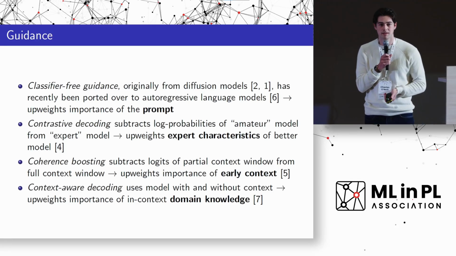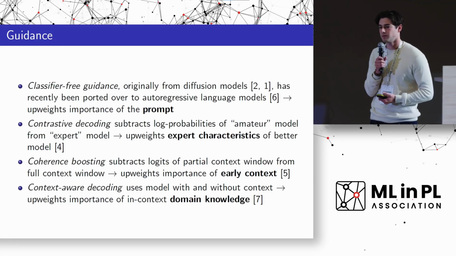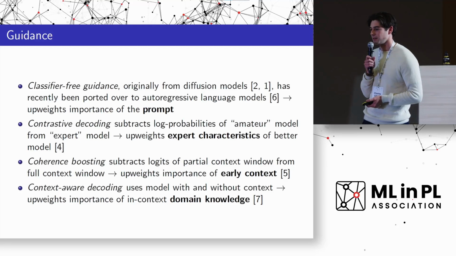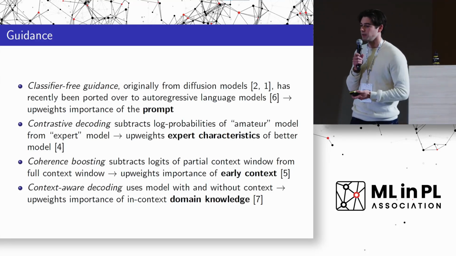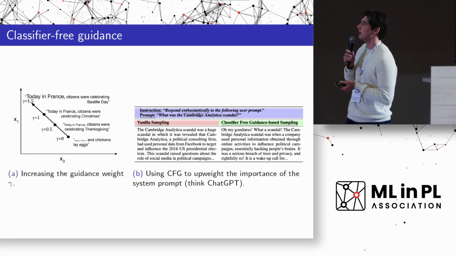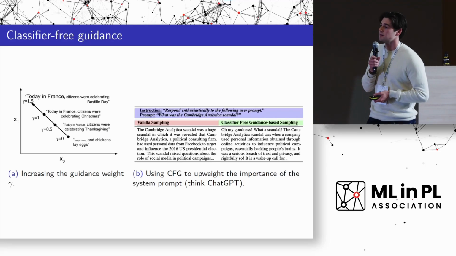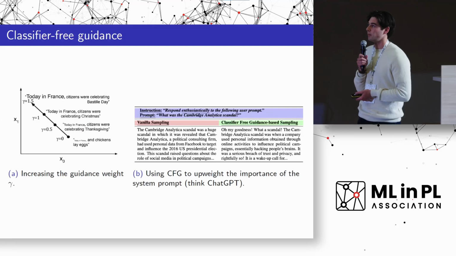And these other three methods are similar. Contrastive decoding subtracts the probability distribution from a really bad model, maybe something like GPT-2, from a really good model, maybe like Falcon 40B. And there are a few other methods as well. And this can do many things. Classifier-free guidance can make you adhere to your system prompt, for instance in ChatGPT, a lot better.